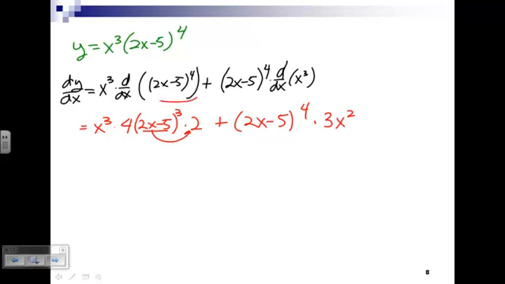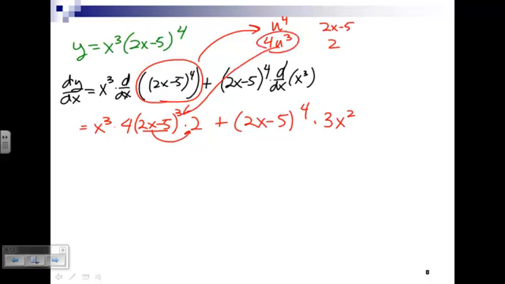If I were taking this derivative using the other notation, 2x minus 5 is my inside. The derivative of this is 4u cubed, and the derivative of that is 2. So this part here shows up right there, and the derivative of that shows up right there.